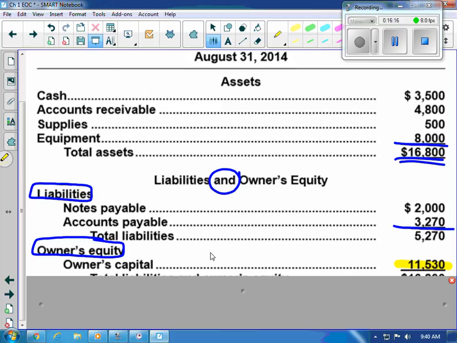Yes. The question was asked, owner's capital will be the only thing there. Correct. And the number will be forced based on what you did in the previous financial statements.